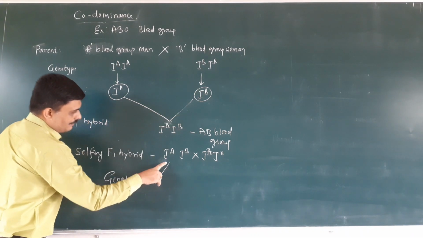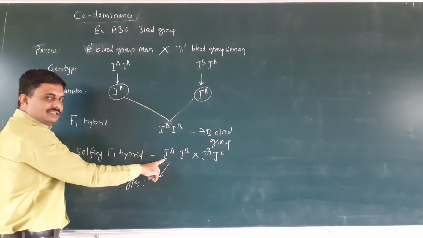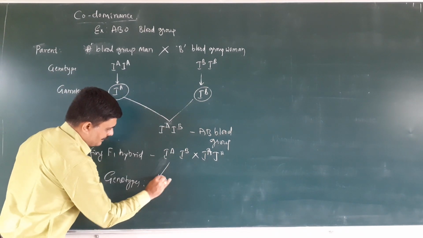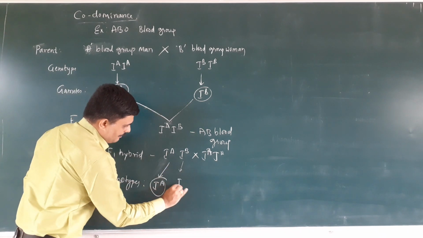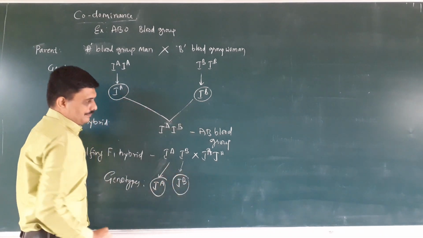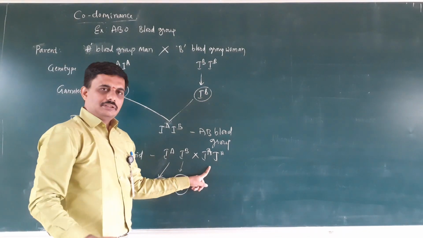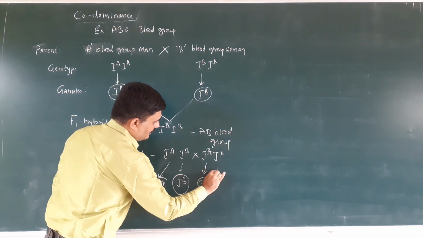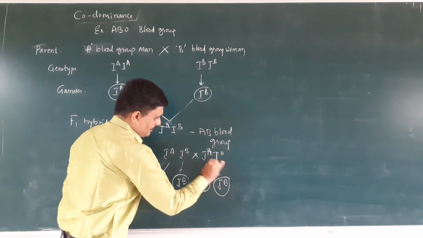The man in the heterozygous condition produces two types of gametes: IA is one type of gamete, IB is another type. The woman is also in the heterozygous condition and produces two types of gametes: IA is one type, IB is another type.